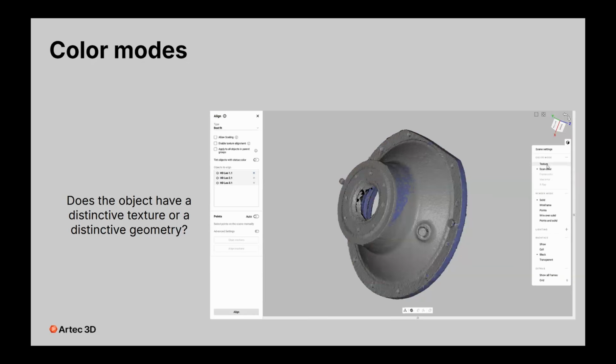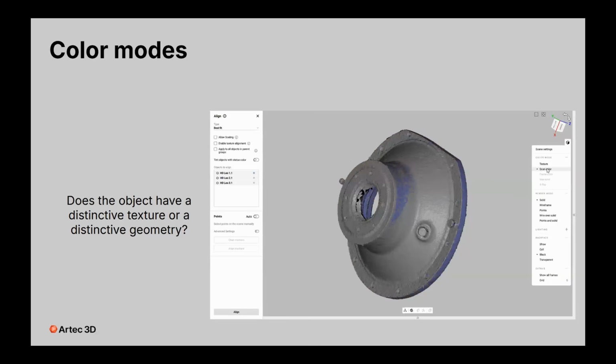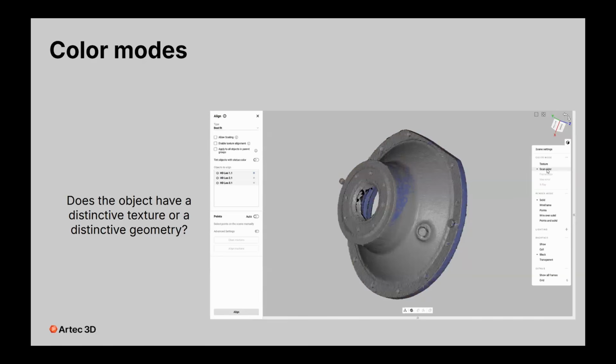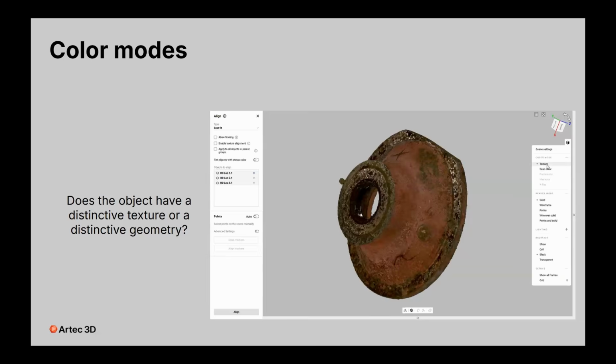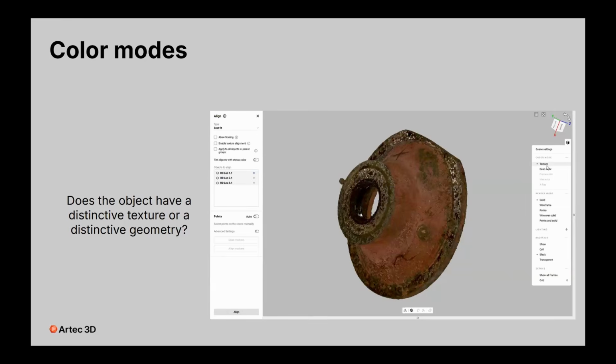But in case your object has quite a symmetrical shape, or some repetitive geometry, you can add texture features, as we have discussed previously. You can switch to the texture mode, and this way it will be easy for you to match them.